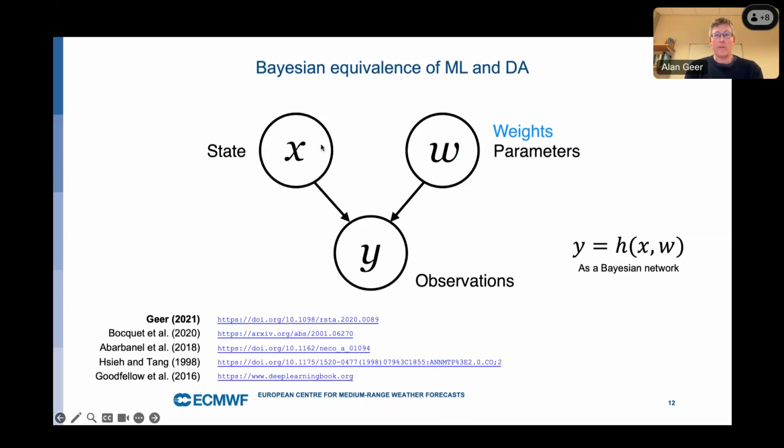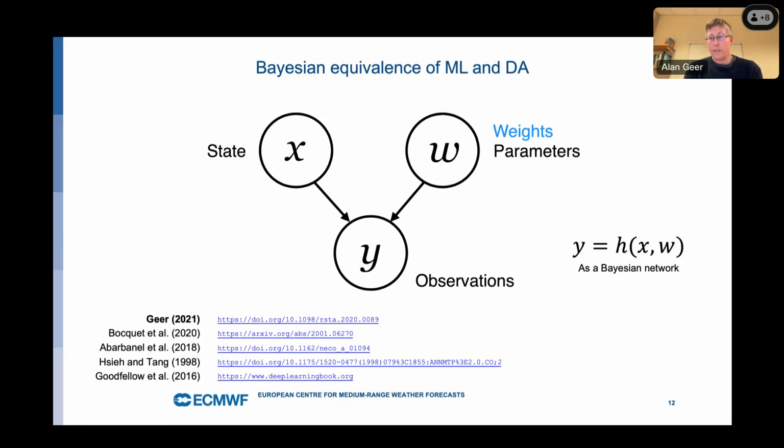We have the state of the atmosphere, X, we have the weights or parameters of the model, W, and we have the observations, Y. Traditional physical data assimilation, strong constraint, holds the weights and parameters of that model absolutely constant and uses the observations Y to estimate a better knowledge of the state X, whereas traditional, you might call it strong constraint, machine learning assumes that you know nothing about the model, but the state X and the observations are perfectly known, and it uses exactly the same variational techniques to infer the parameters of the neural network.